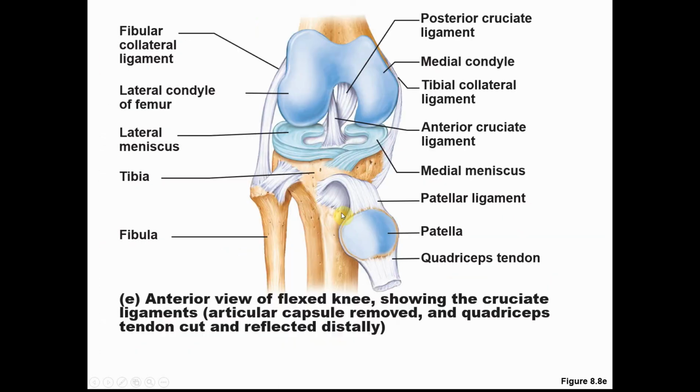And then if we open it up inside, take off that patellar ligament and quadriceps tendon, we can see the anterior cruciate ligament. Now, because of the way the anterior cruciate ligament is angled, it prevents the tibia from moving forward underneath of the femur.